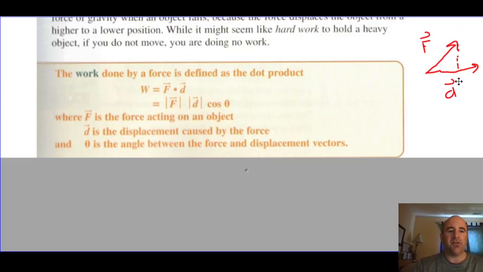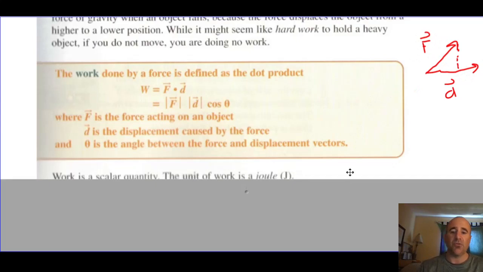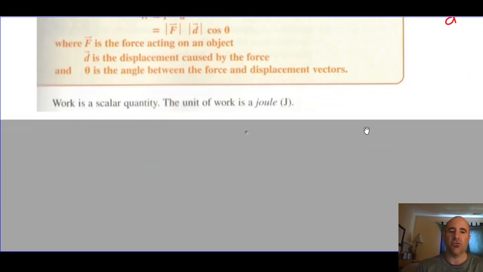That's exactly what the dot product is. This value times the magnitude of the force operating in that direction, which we get by taking the magnitude of the force and multiplying it by the cosine of theta. So it all works out. Work is a scalar quantity, of course, because it's the dot product, and the unit is a joule.